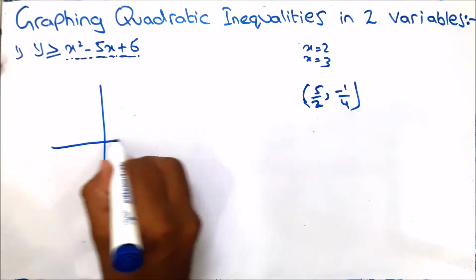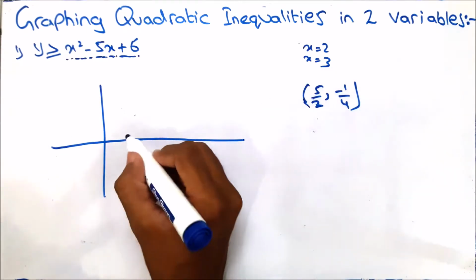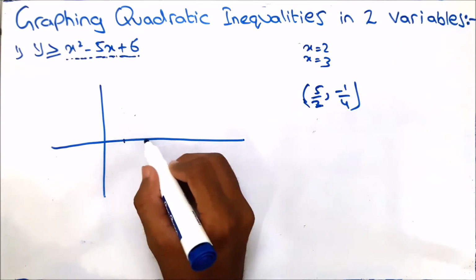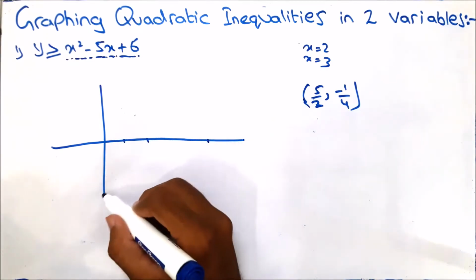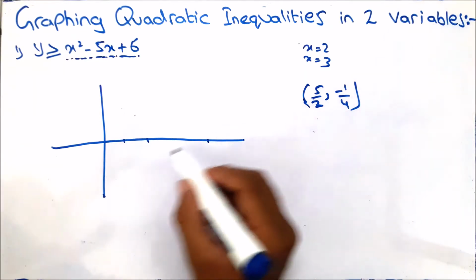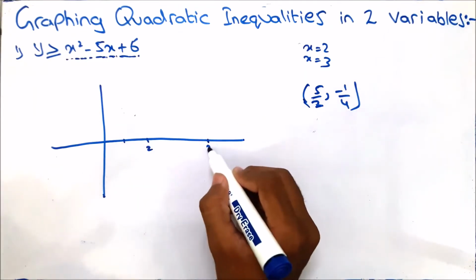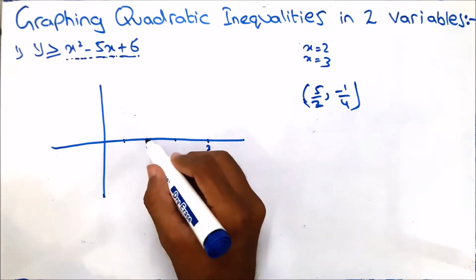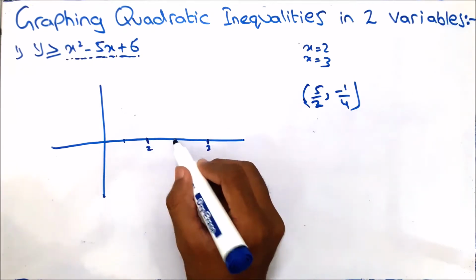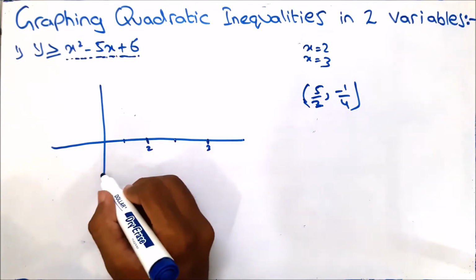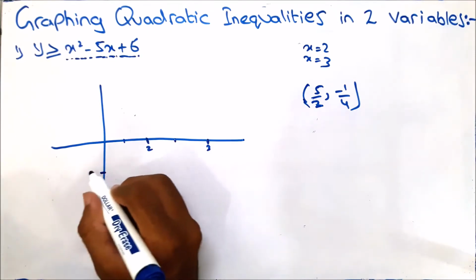We need mostly the positive side because our roots are here. So here we have x is equal to 1, x is equal to 2, x is equal to 3, and 5 by 2 is 2.5. That's 2, that's 3, and 2.5 is somewhere in between. Okay, your graph cuts somewhere here at minus 1 by 4. Let's say minus 1 upon 4 is here.